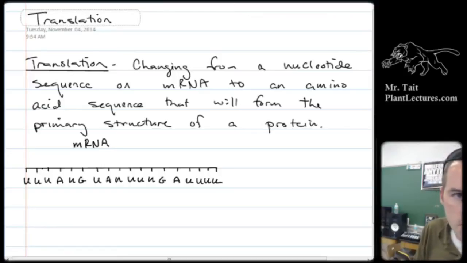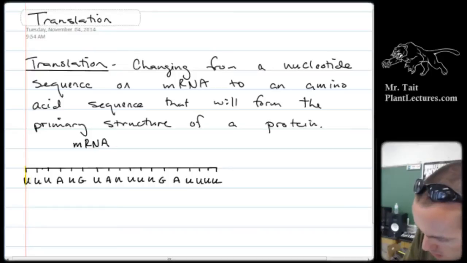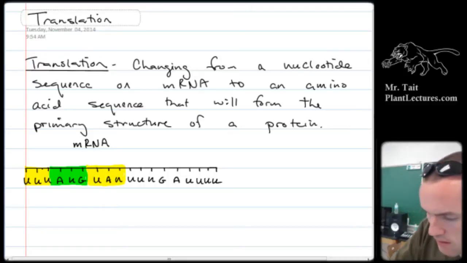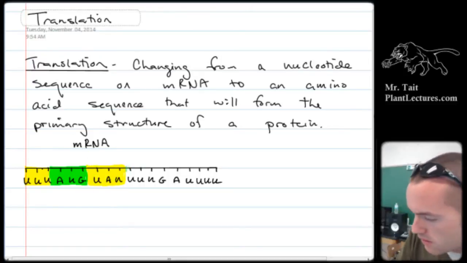And the segments of 3 are each called codons. So this is one codon, right? This is another codon next to it. This is another codon next to that. This is another codon next to that.